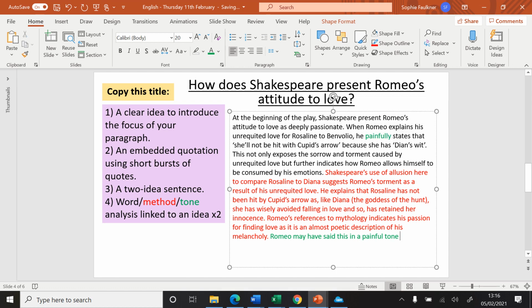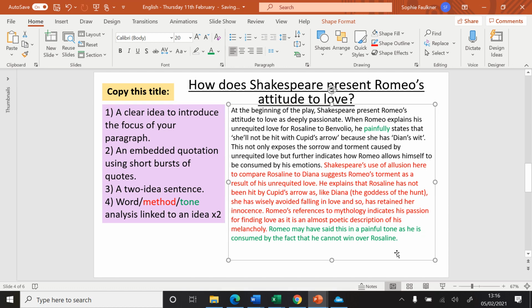So this in a painful tone as he is, and I'm linking it back to my second idea, consumed by the fact that he cannot win over Rosaline. I've linked my tone to my idea, but now I need to explain it further. I'm just going to move this up slightly so I have a bit more room. I'm going to link it back to my paragraph focus about passion.